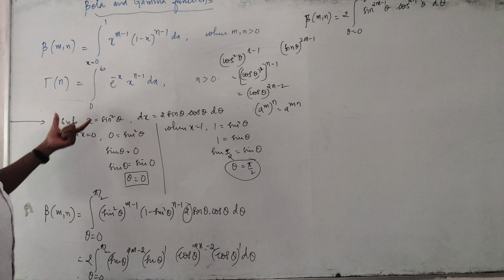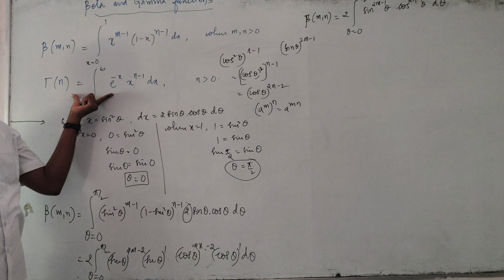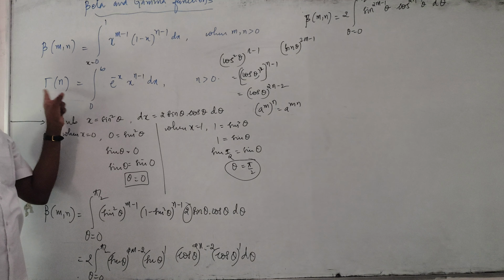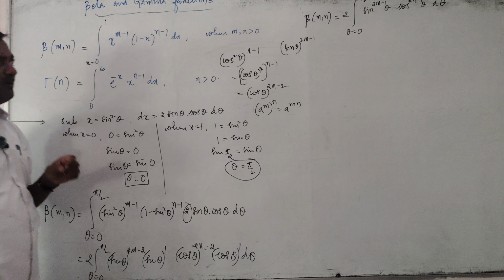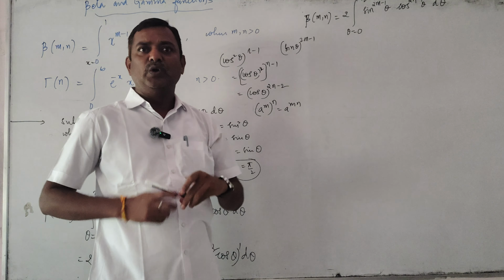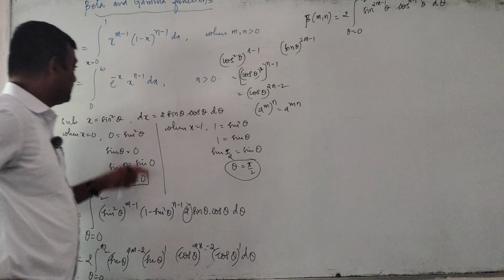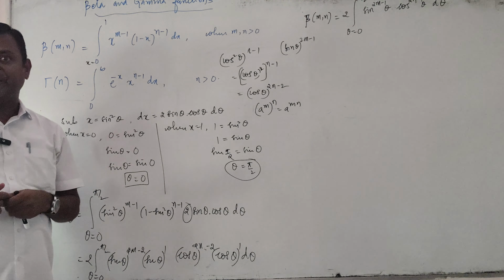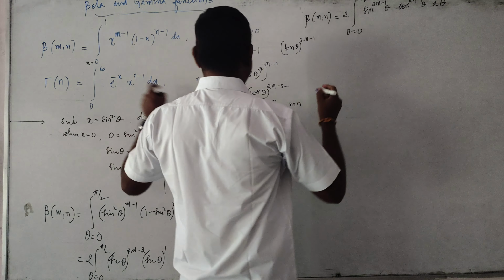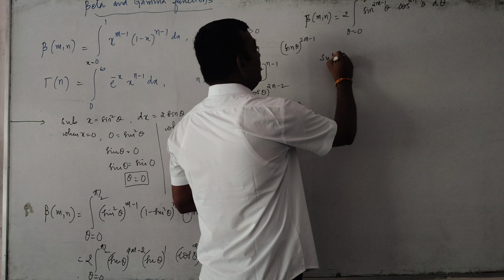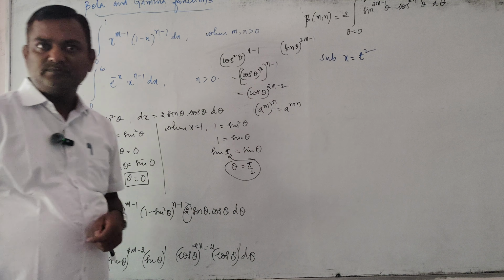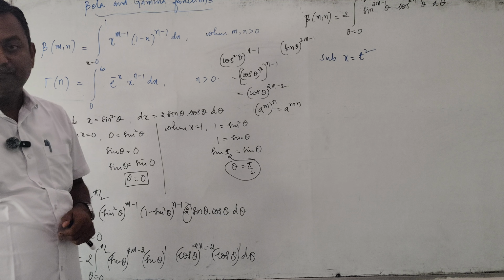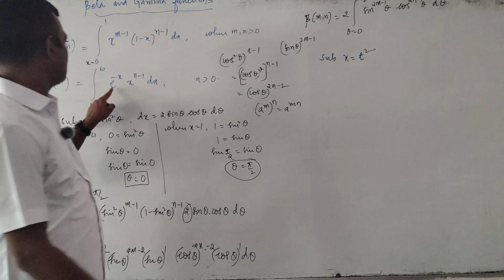Let us express the equivalent notation of the gamma function. This is beta, this is the gamma function. In the gamma function what we are doing is, we are not substituting x equal to sin square theta. Here I am substituting x is equal to t square.